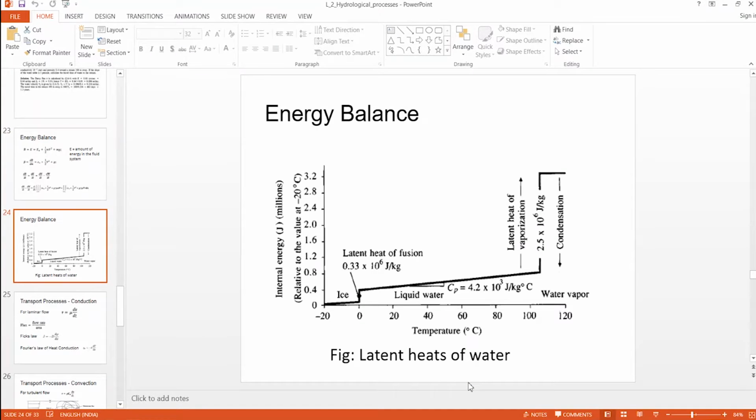In the hydrological cycle, water moves from land and oceans to the atmosphere and back to land, and also from the atmosphere to the poles. So here water is changing its phases. From the ocean, when it evaporates, it becomes steam.